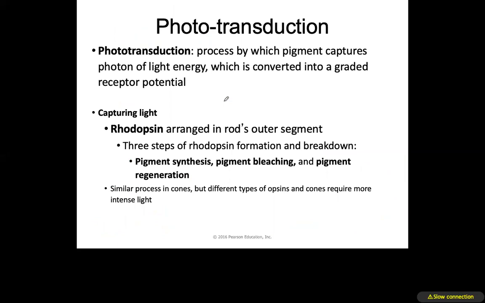Now, when your rhodopsin captures the light, it undergoes changes, and when the environment is dark, it also undergoes changes. So what are these steps in the presence of light versus the absence of light for the rhodopsin?